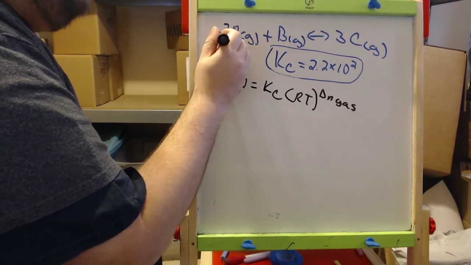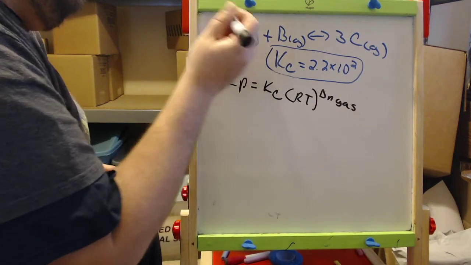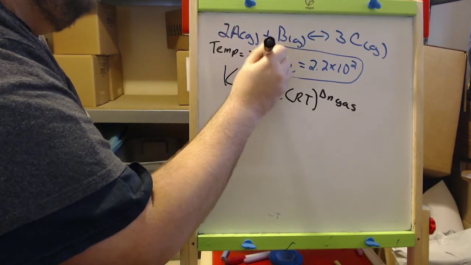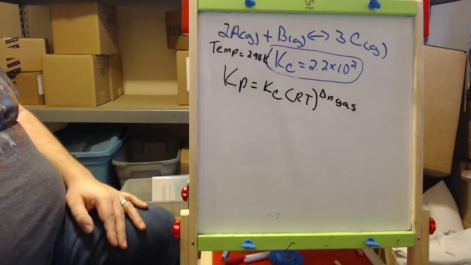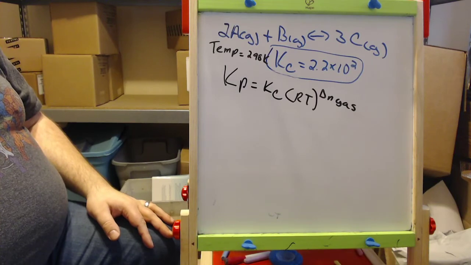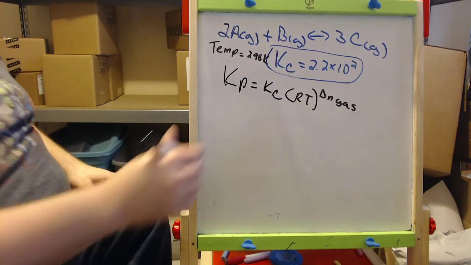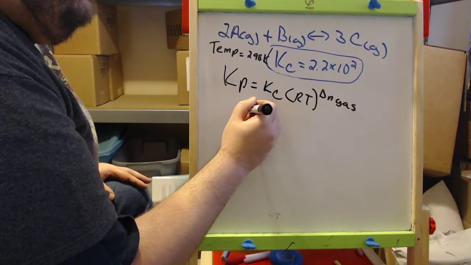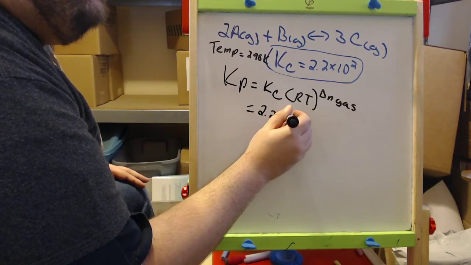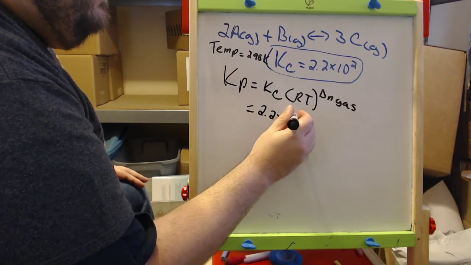Now, I'd have to be given something else. I'd have to be told, let's say the temperature is 298 Kelvin for this reaction. If I want to find Kp, I plug in my Kc, 2.2 times 10 to the second.